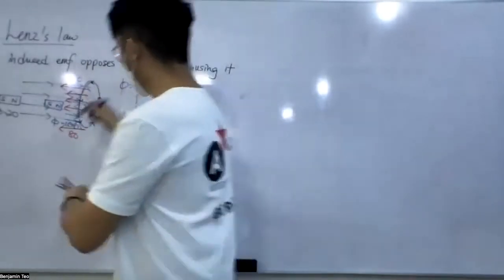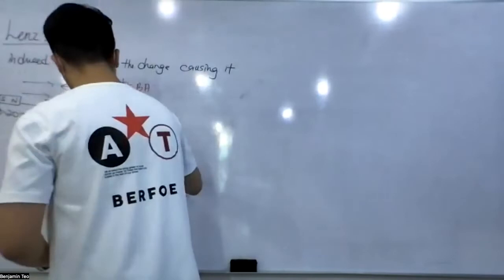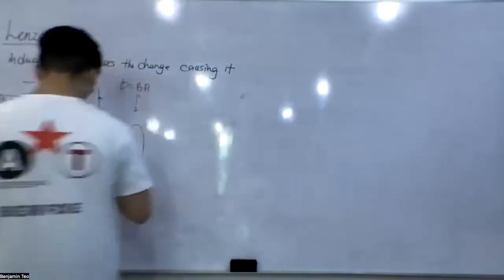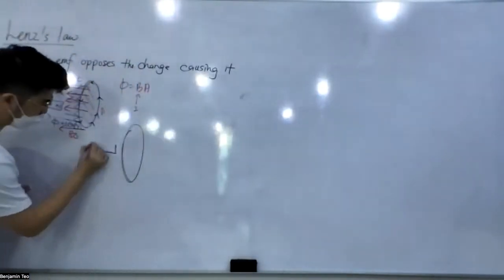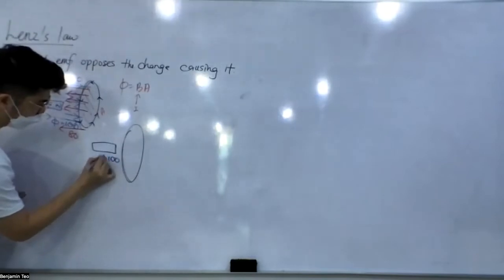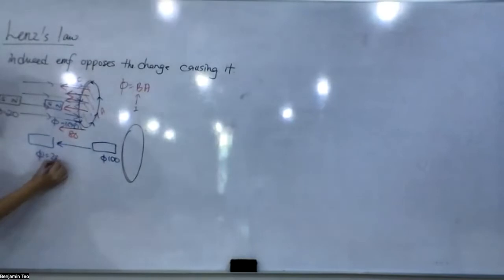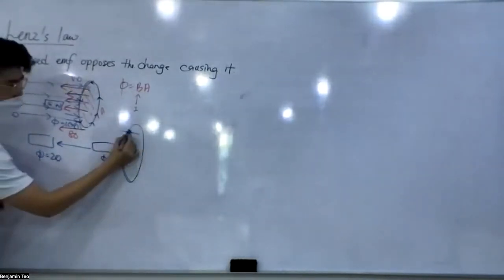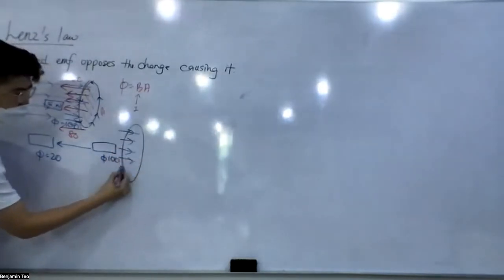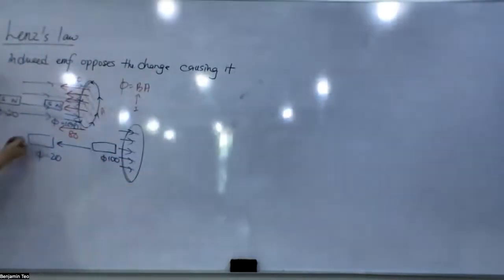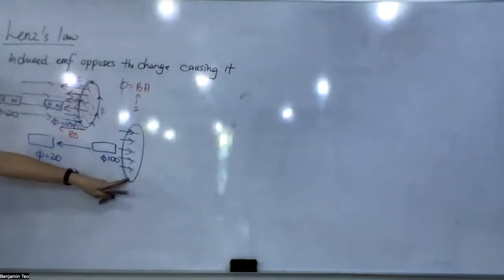Now, same thing. If I start here, this magnet here has a flux of 100. Now I pull it away until here. The flux becomes 20. Where is the flux pointing? This one, the flux all pointing to the right, right? So initially it's 100. I pull it away, there's a change. What is the change? Minus 20. The coil doesn't want it to change.